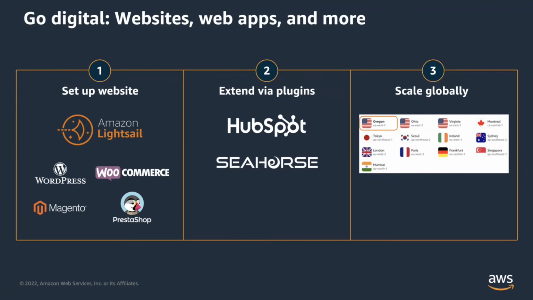What HubSpot would help you do, for instance, is store all the information from forms in a database, and from that you can set up an automated email system that will send emails to customers regarding upcoming events, promotions, sales, and so forth. And lastly, it's really about scaling globally. You would think about where the customer base is, and then launch a LightSail instance there, so that customers can have a better experience when they connect to your platform.